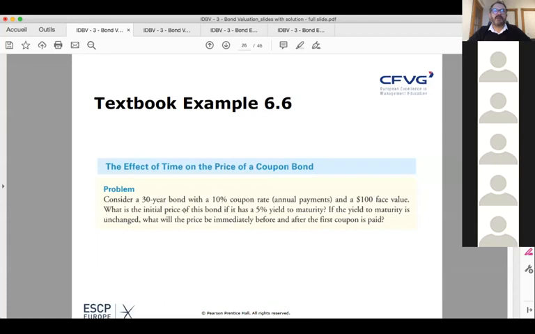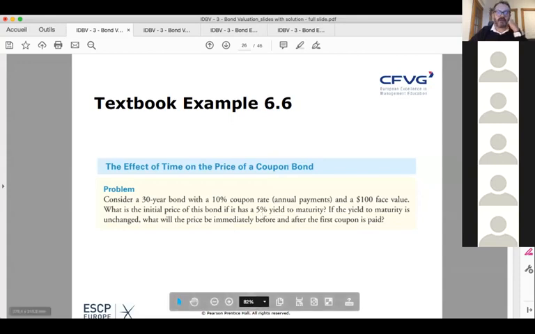What is the initial price of this bond if it has a 5% yield to maturity? This one we calculated already. It's 178.80 something. If the yield to maturity is unchanged, what will be the price immediately before and after the first coupon is paid? We discussed these topics already.